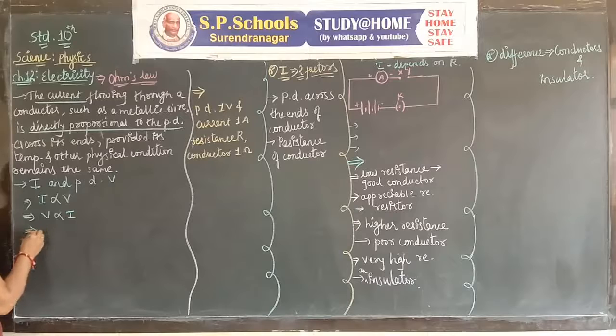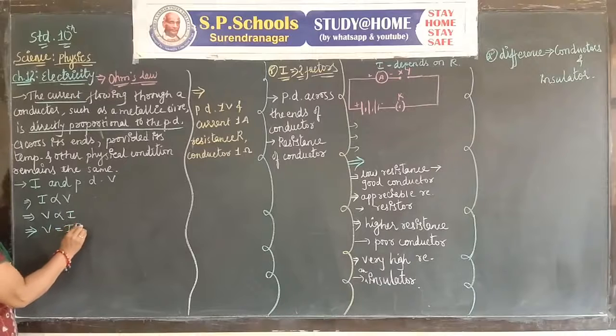If we put an equal sign, we use a constant for it. So we put an equal sign: V is equal to I into R.